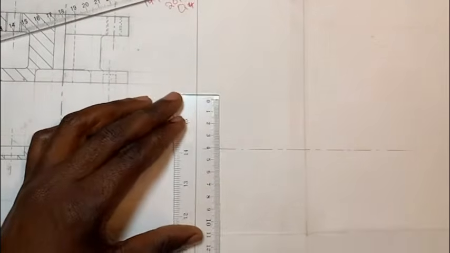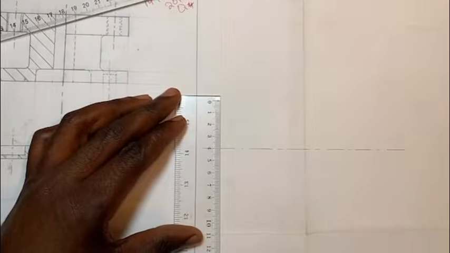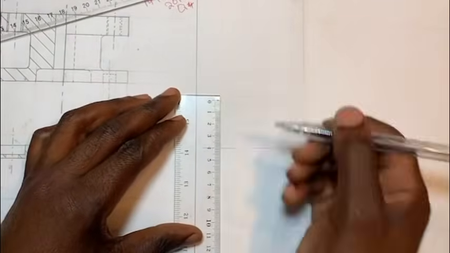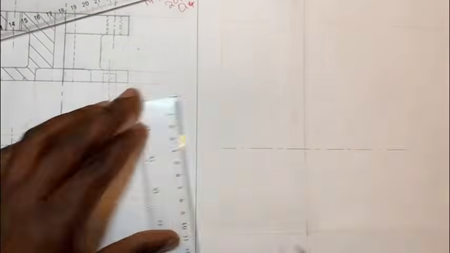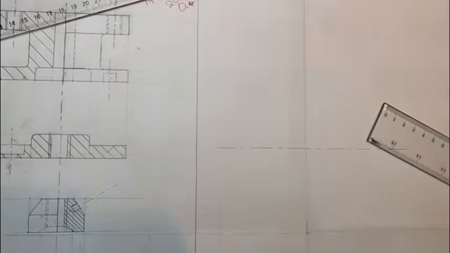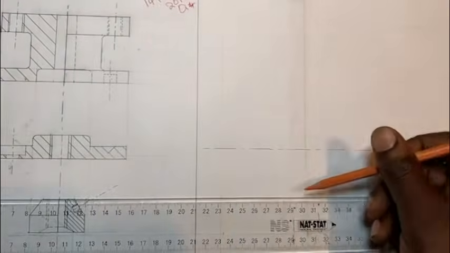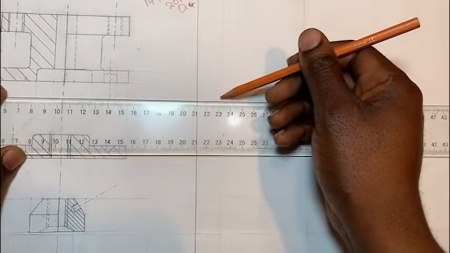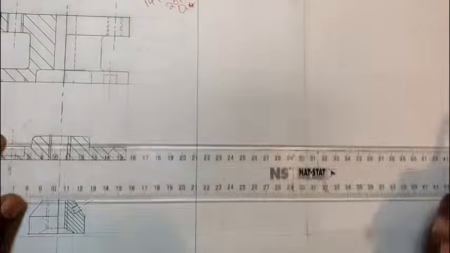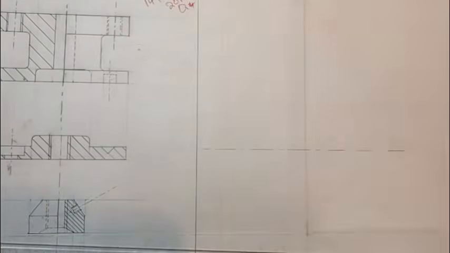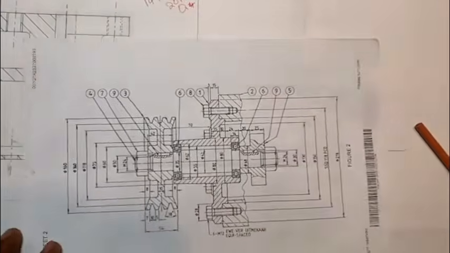Remember, it's 80. So I mark it 0 and mark it 80. Then after that, you can have this one faint. You can have this one faint. Right? You can make a correction.